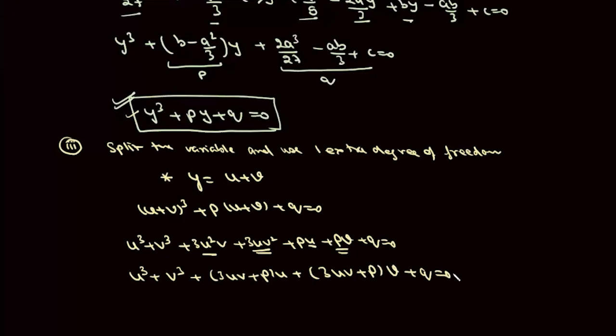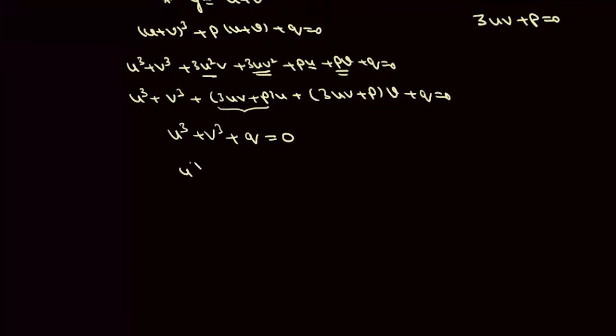Now since we have split one variable into two, we can choose the relationship between the two variables. So what we'll do is we'll choose 3uv plus p equals 0. So we'll get u cubed plus v cubed plus q equals 0.